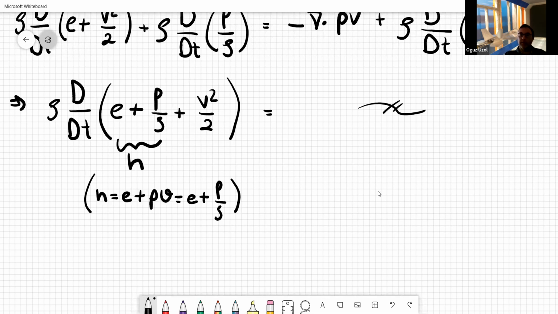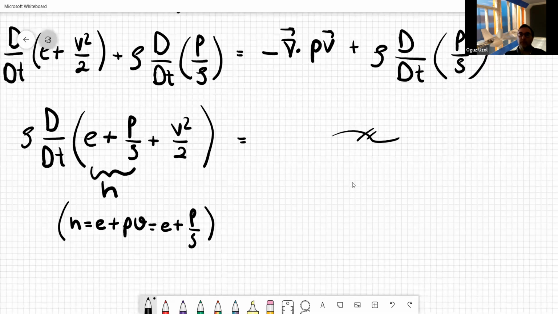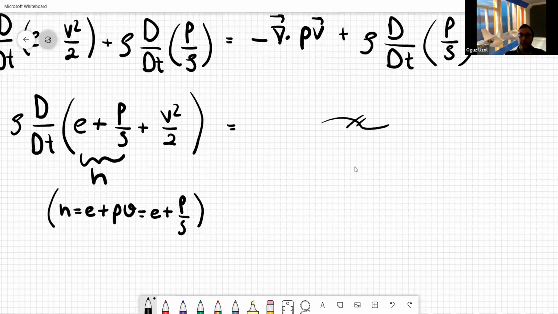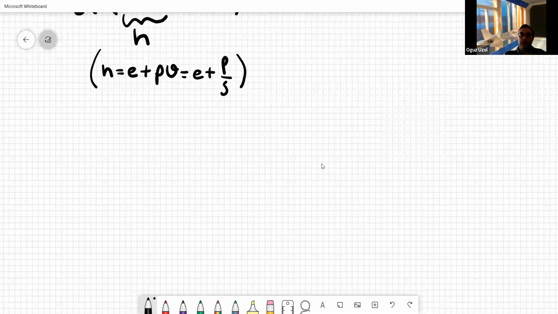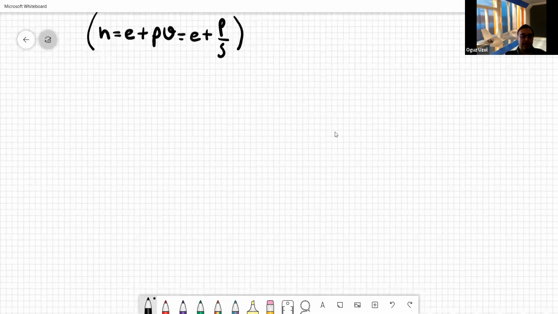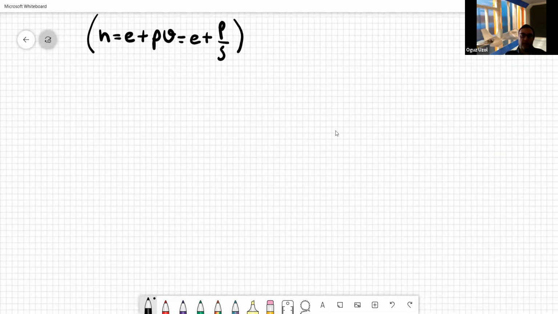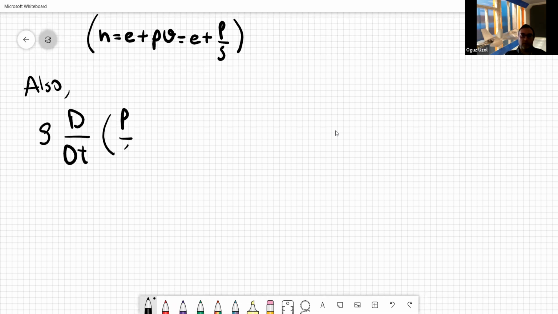Now we will talk about the two terms on the right-hand side. Let's work on them. The first term that I want to investigate is the one that we actually added, rho D/Dt of p over rho.